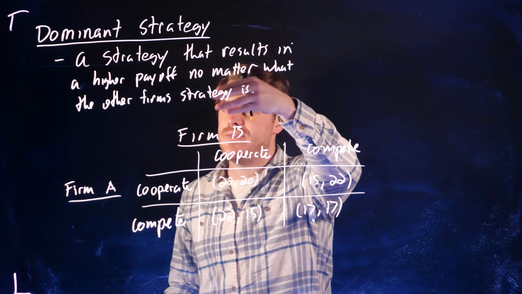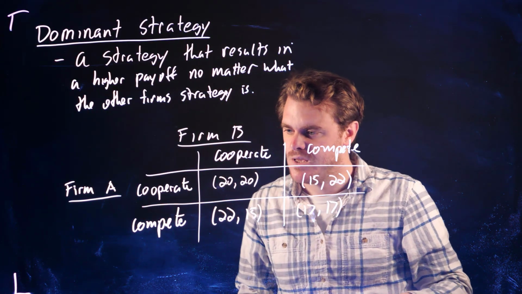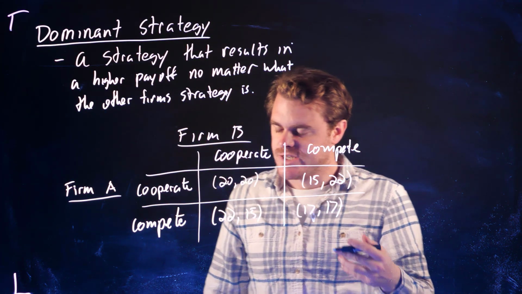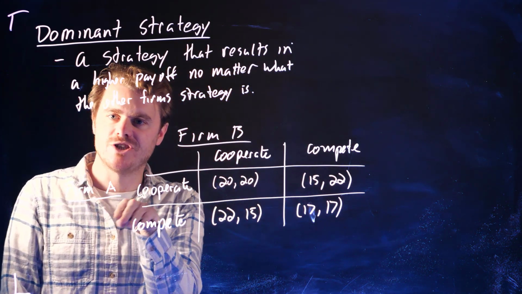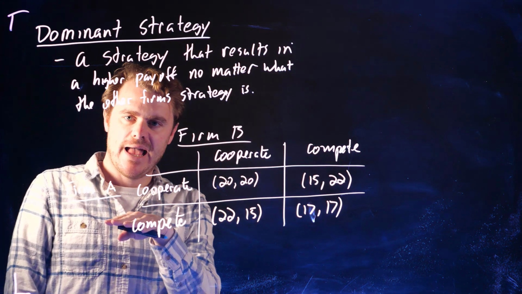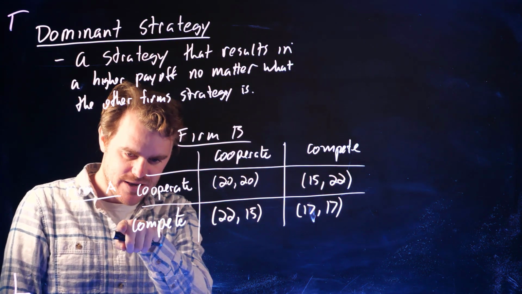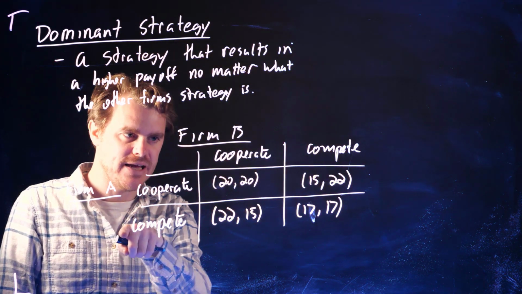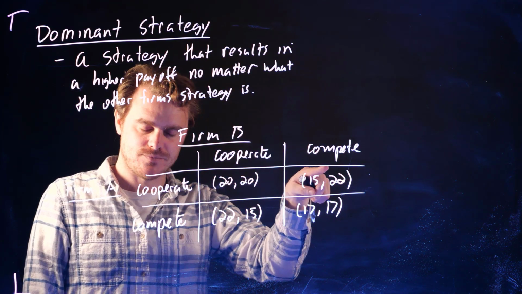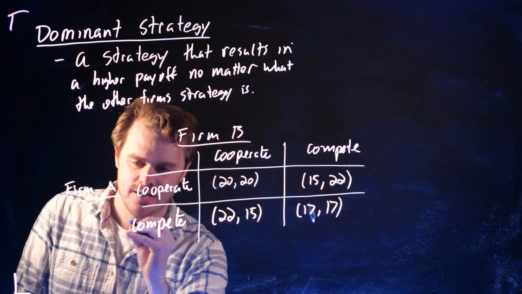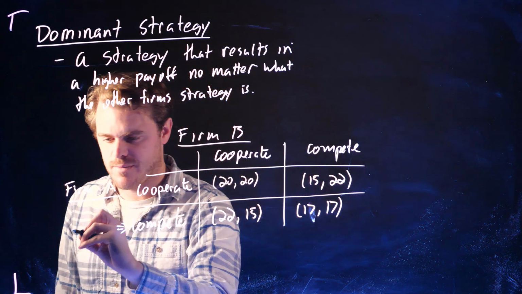And so let's apply this idea of dominant strategies to this game here. Let's put ourselves in firm A's shoes. A dominant strategy is going to mean that we get a higher payoff from either cooperating or competing no matter what the other firm does. And so here, compete is going to be a dominant strategy for firm A.